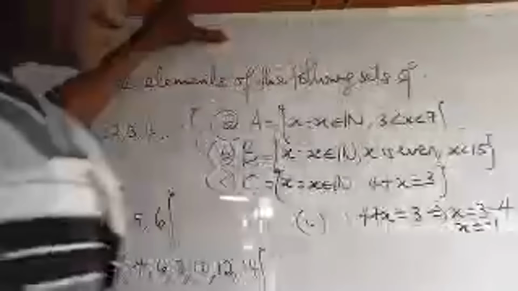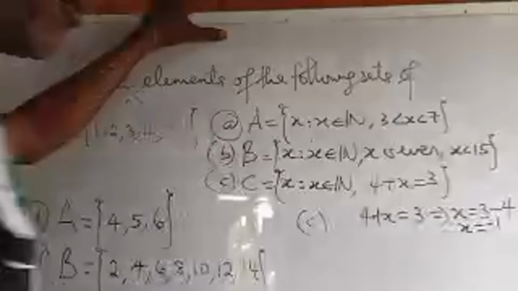Take 4 to the other side: plus 4 becomes minus 4. So x equals 3 minus 4, which is minus 1. You have 3 naira, you borrow 4 naira, so you are owing someone 1 naira. So x is equal to minus 1.